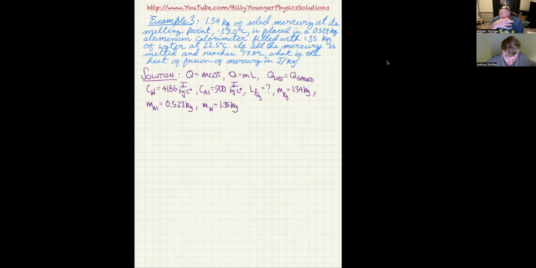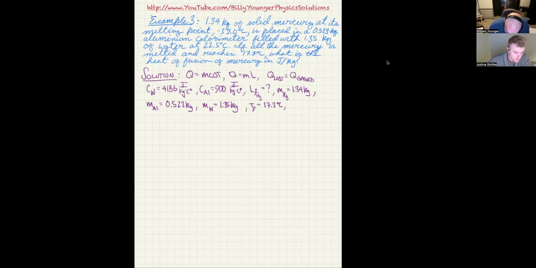Like that. And what we have is that the aluminum and the water should have the same temperatures. So T final is the same for everything, and I'm just going to call it T final. We know that's going to be 17.3 degrees Celsius.